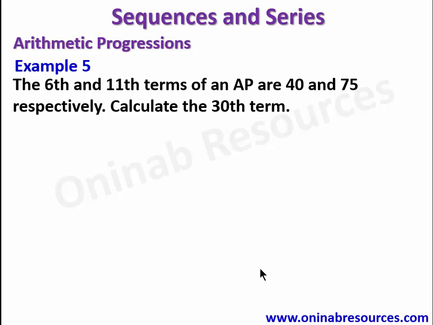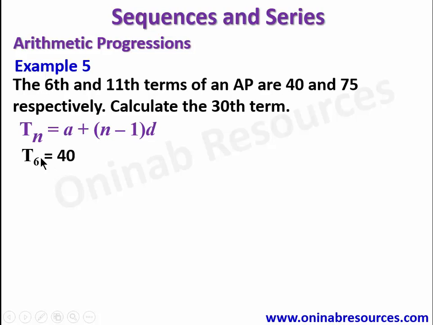For example 5, the 6th and 11th terms of an AP are 40 and 75 respectively. Calculate the 30th term. From our formula, Tn equals A plus (N minus 1)D. So let's look at what we are given in the problem.